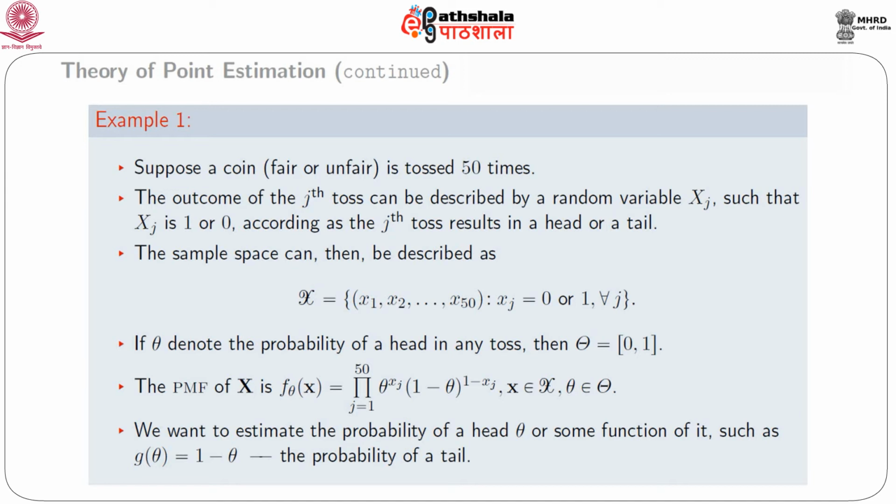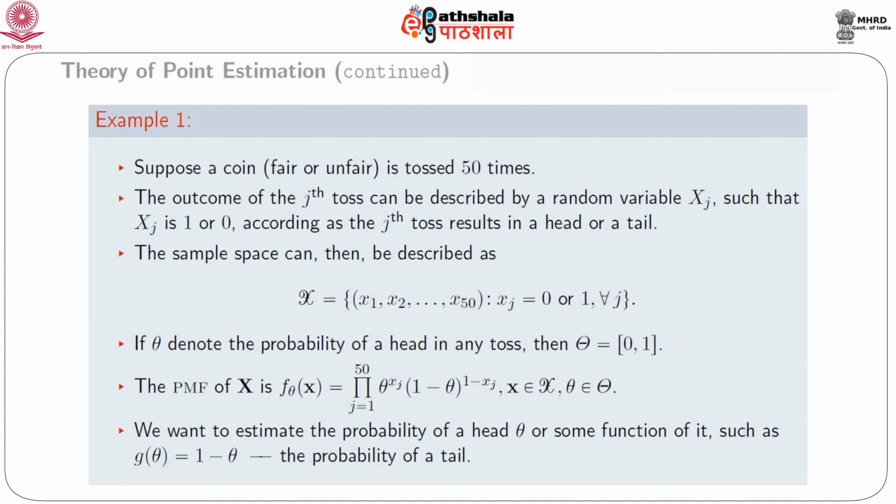The sample space can be described as script X equals the set of all (x1, x2 up to x50), where each xj is equal to either 0 or 1 for all j. If theta denotes the probability of a head in any toss, then script Theta is the interval (0, 1).